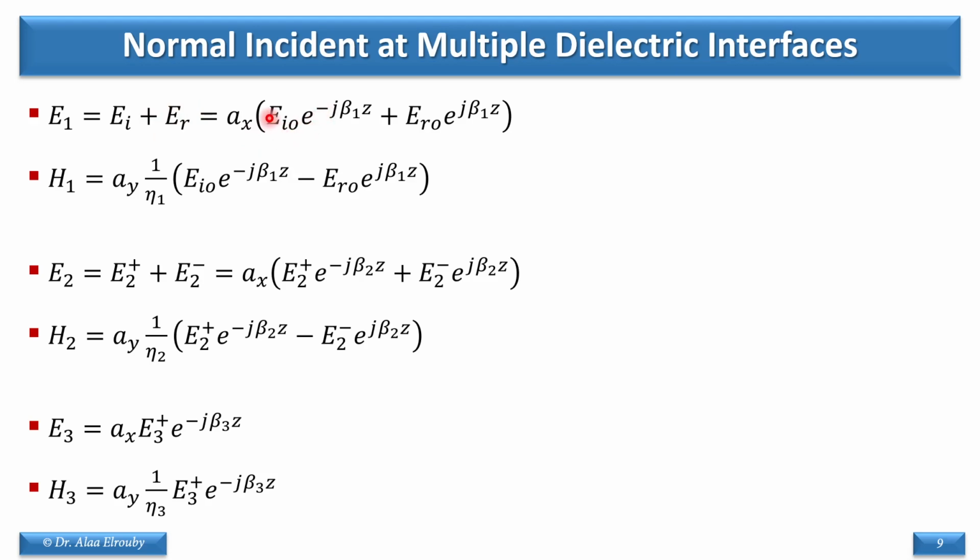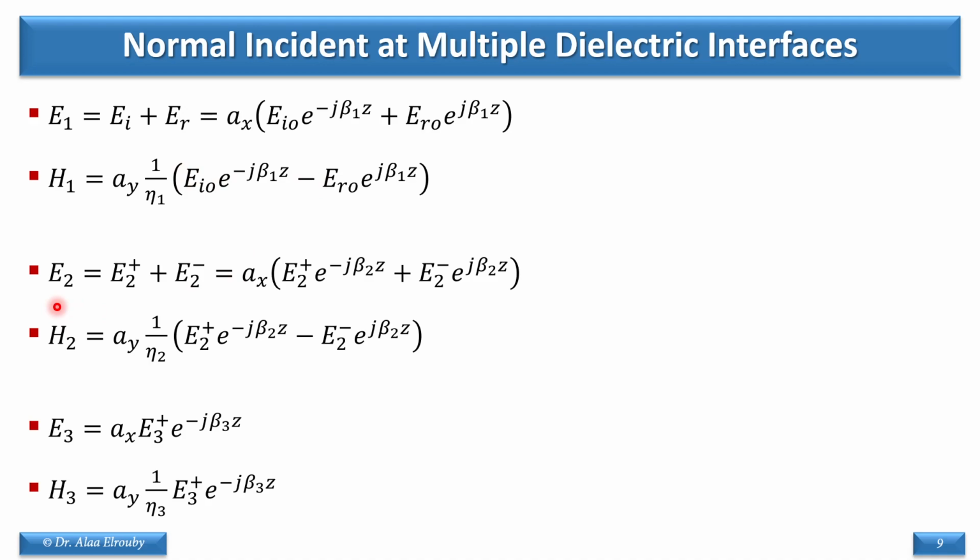So we have a component propagating in the positive Z, another component, whose magnitude we don't know yet, propagating in the negative Z direction. H is related to E with the orthogonal relationship between E, H and the direction of propagation. So it will have 1 over eta 1. This is positive and this is negative.